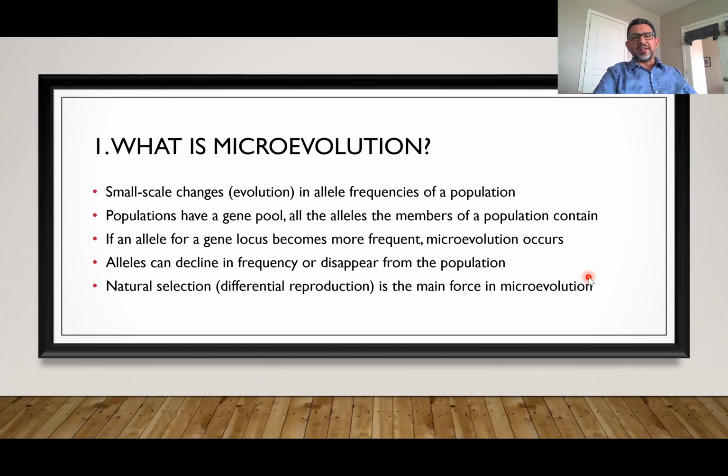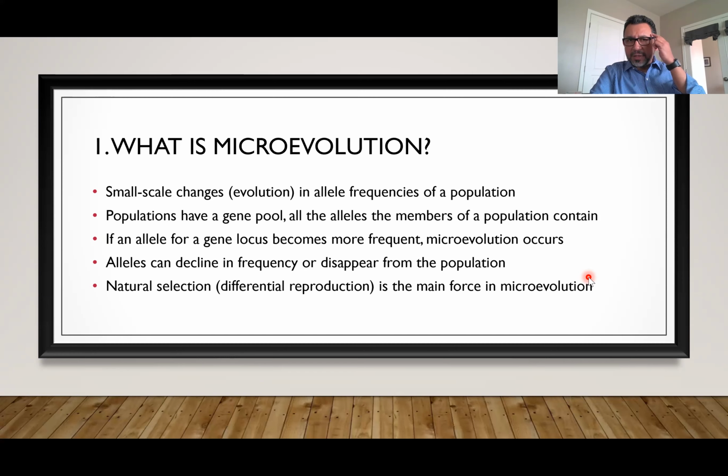So what we know is that natural selection is going to lead to differential reproduction. What is differential reproduction? Differential reproduction means that in a population, there are going to be those successful individuals which produce large numbers of offspring. Some members of the population may produce a few offspring, but there will be many members in a population that will never produce any offspring.